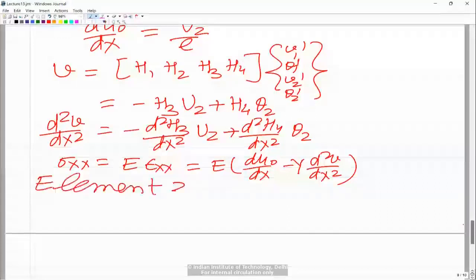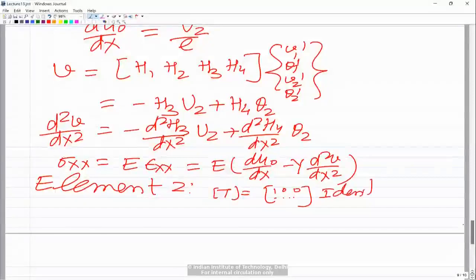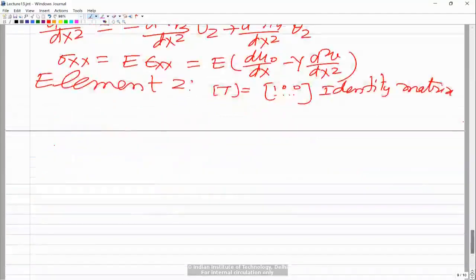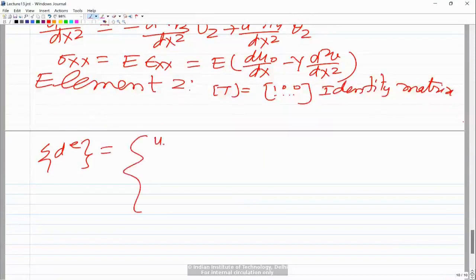For element 2, because we have said the transformation matrix T is an identity matrix, that was basically 1 0 0 and so on, the degrees of freedom D for element number 2 consist of u0 1, v1, theta 1, u0 2, v2 and theta 2.